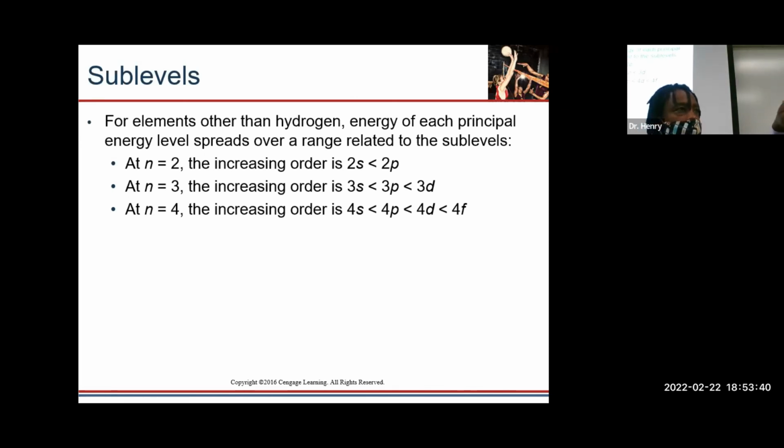The 3s is lower in energy than the 3p, which is lower than the 3d. And the 4s is lower in energy than the 4p, then the 4d, and then the 4f.